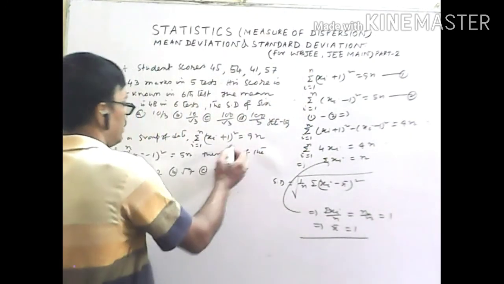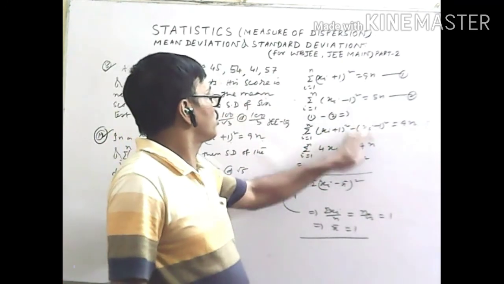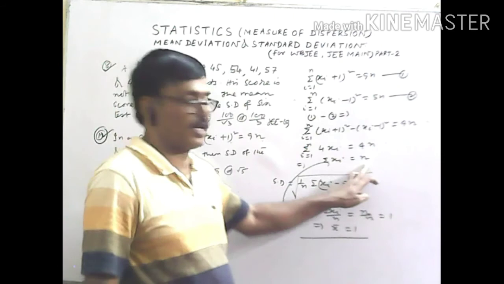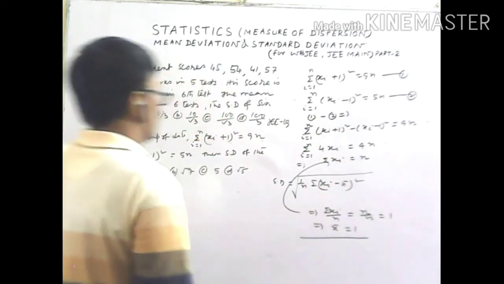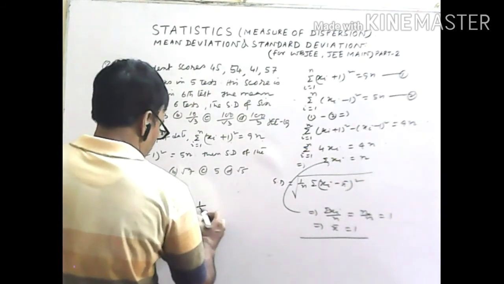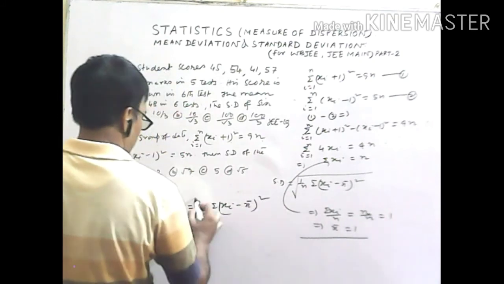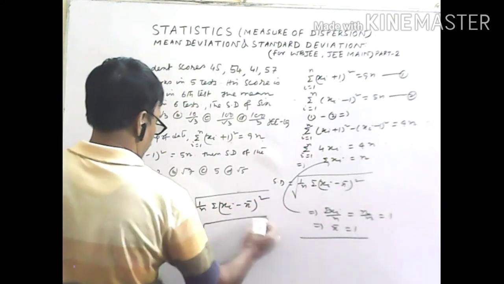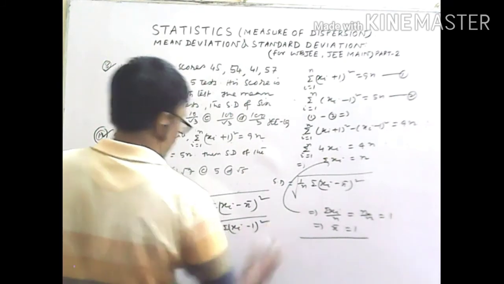So from these two data, if we subtract, the xi square and the 1 cancel. Summation xi is n, so if you divide it by n, we get x bar equals 1. Now what is standard deviation? 1 by n summation xi minus x bar whole square. So 1 by n summation xi minus 1 whole square.